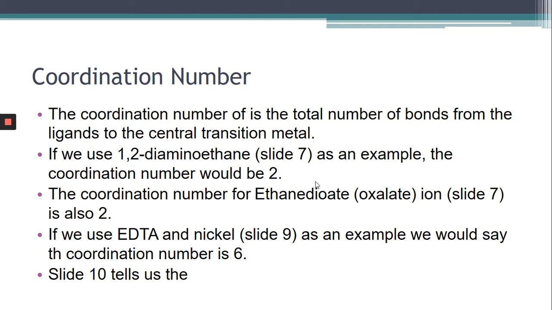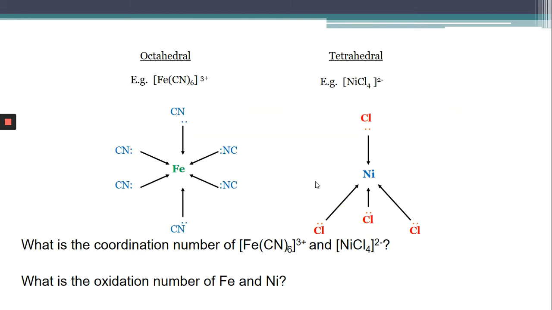So it's then saying, slide 10 tells us that. Let's just hope that's the next slide. There, but this is what I want anyway. If we look here, this is slightly different, okay? Now, if we look at each of these cyanide ligands, we've got 6 of them. But each of these cyanide ligands is going to be monodentate because there's only one lone pair of electrons from each one biting into the iron, okay?